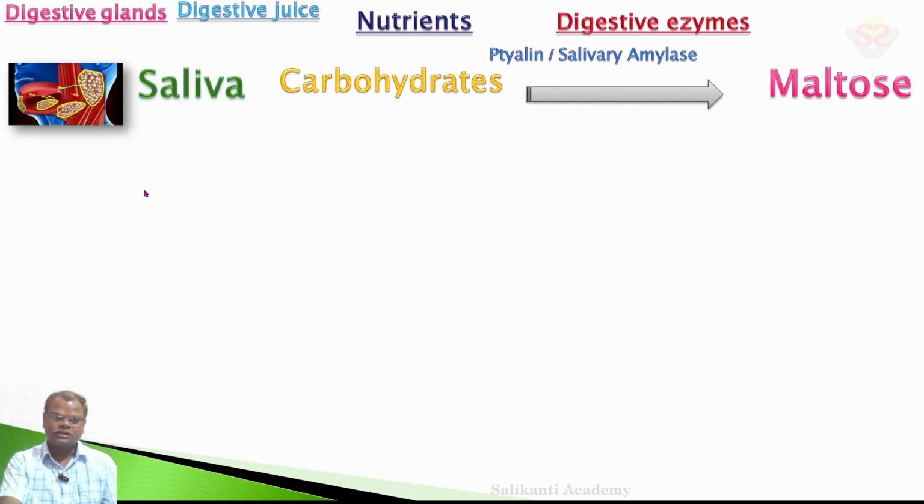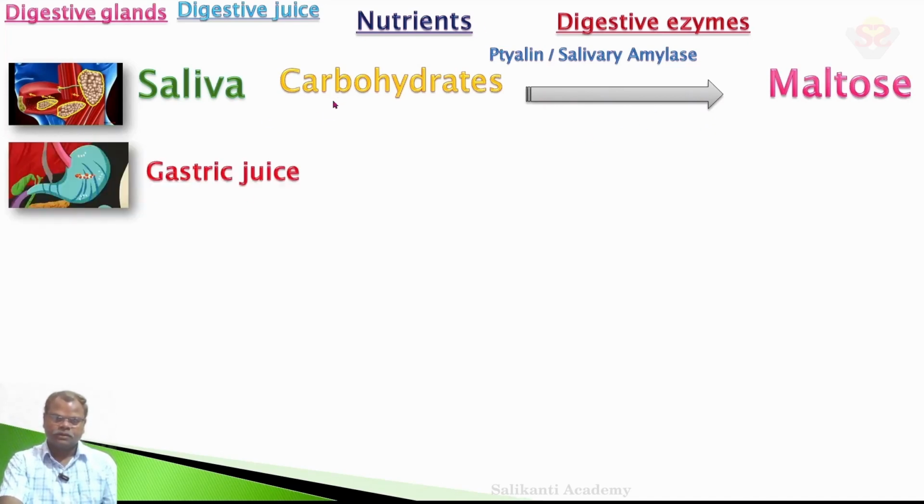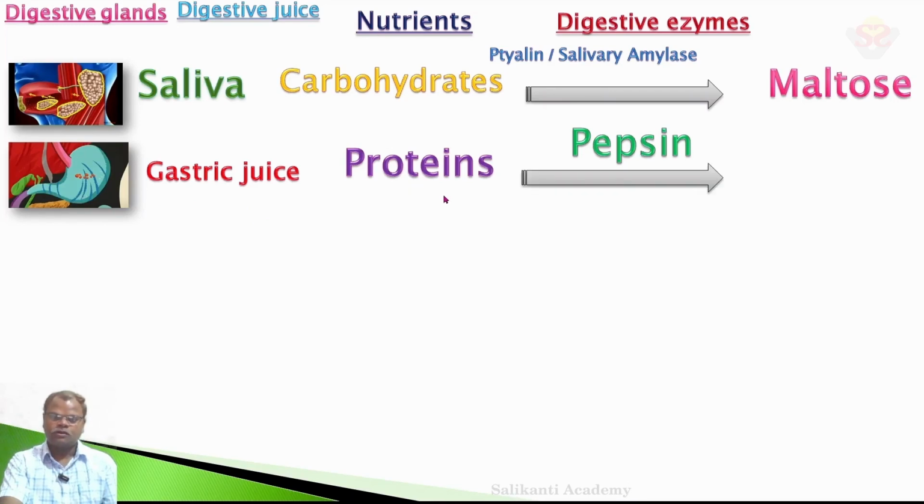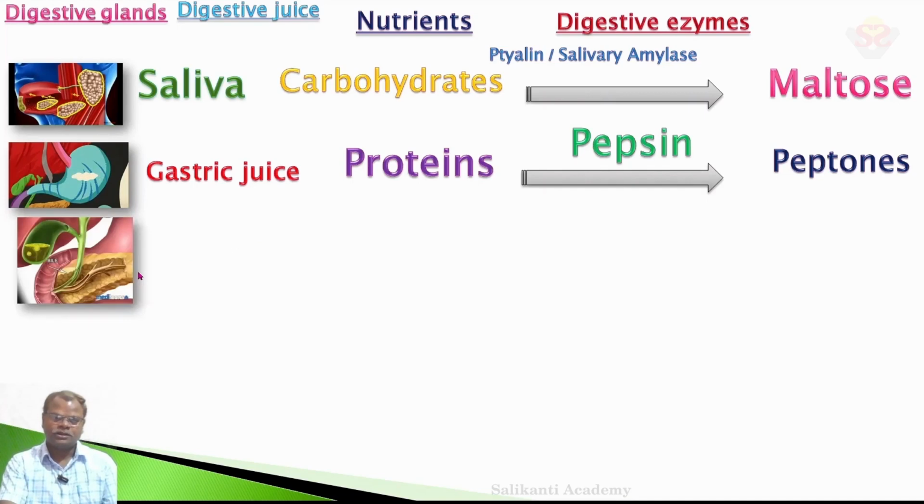Second gland is the gastric gland, which secretes gastric juice. This gastric juice contains the pepsin enzyme. This pepsin enzyme acts on proteins and converts them to peptones. Third gland is the liver, which secretes bile juice.